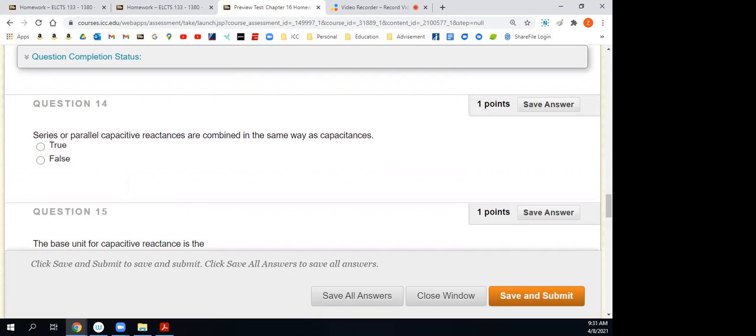Series or parallel capacitive reactances are combined the same way as capacitances. We already talked about that one. It is, but you have to keep, I know it's hard because capacitive reactance has the word capacitive in it. But remember, capacitance is a capacitor's ability to store charge.